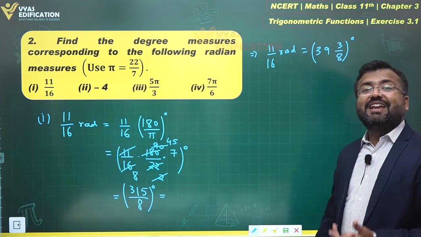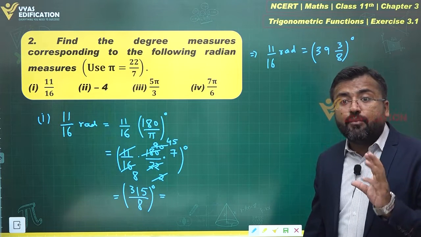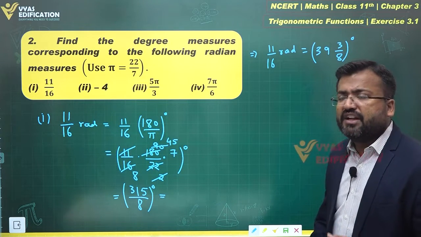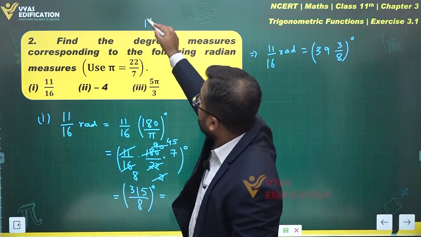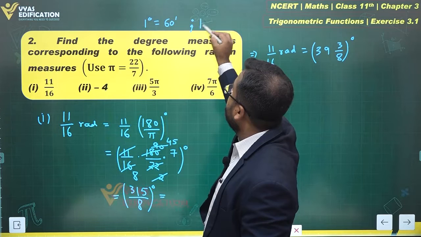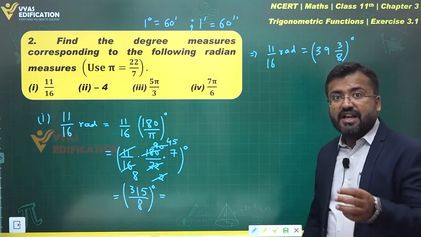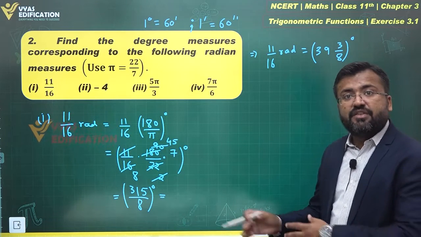Now 3 by 8 degree can be converted either into a fraction or in terms of minutes or seconds for that matter, right? 1 degree, as you may recall, is equal to 60 minutes and 1 minute is equal to 60 seconds. That's a further subdivision of a degree and of a minute.